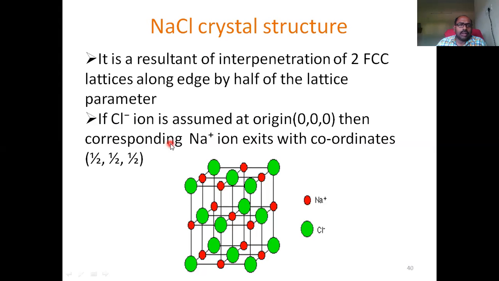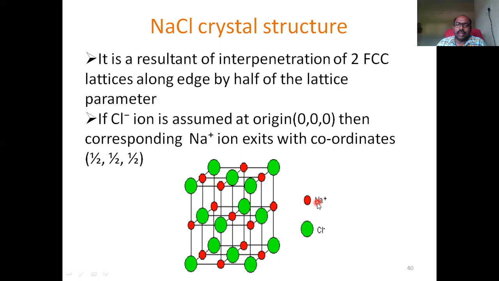Here we are taking one type of lattice with green color, the other lattice with red color. The red dots are Na plus ions and the green ones are Cl minus.